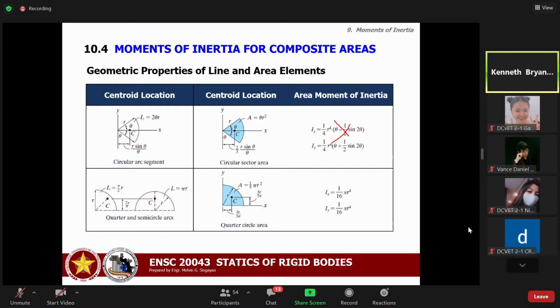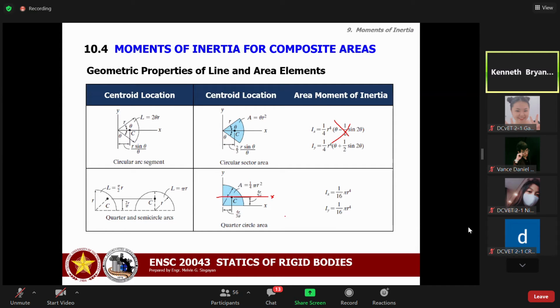So what if you want to know the centroidal moment of inertia of a quarter circle? The moment of inertia of 1 over 16 pi r to the fourth is with respect to this x-axis here. But what you need is the centroidal moment of inertia, that is, the moment of inertia with respect to the axis passing through the centroid, x prime.